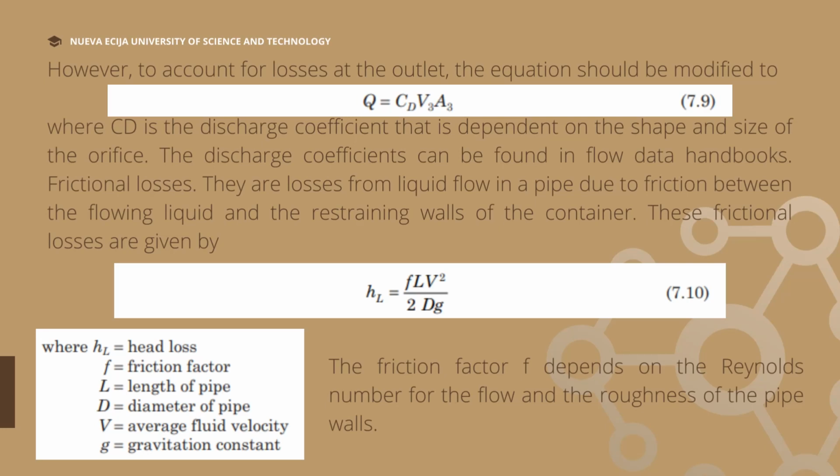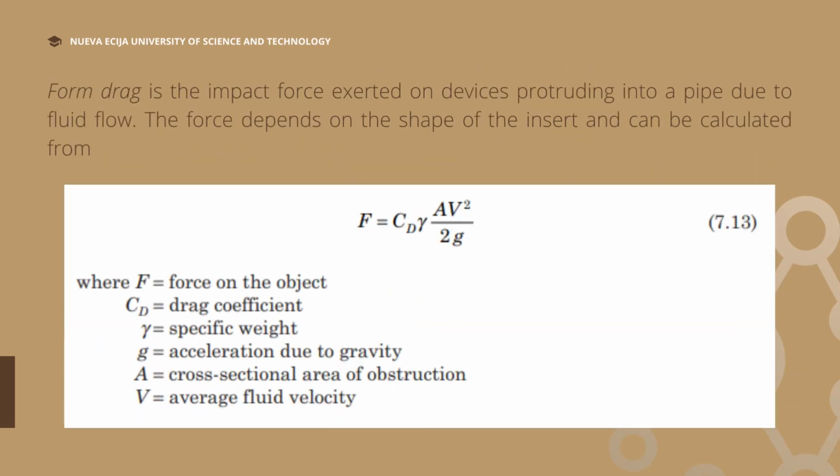The friction factor F depends on the Reynolds number for the flow and the roughness of the pipe walls, where HL equals head loss, F equals friction factor, L is equal to length of pipe, D is equal to diameter of pipe, V is equal to average fluid velocity, G is equal to gravitational constant.